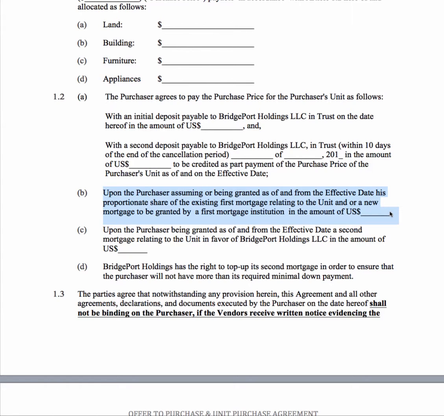So basically, you will either be assuming a mortgage or getting a brand new mortgage for your property in first position. The same thing with the second mortgage. These two amounts will equate to 70%. So basically, you top up your deposit, you assume or get a new first mortgage, and you put your down payment down. The deposit, first and second mortgage will be sufficient for you to purchase the property.